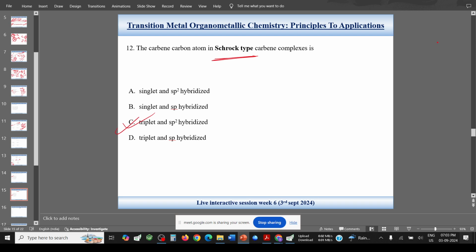So between the singlet and triplet carbene, which one is more reactive?